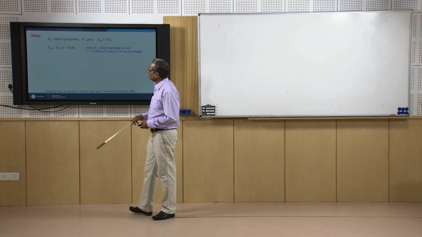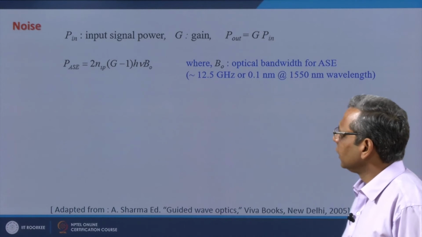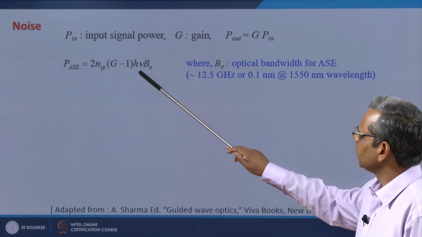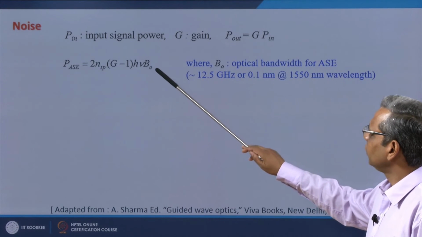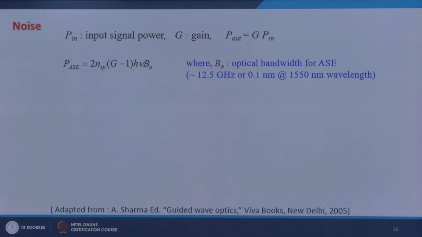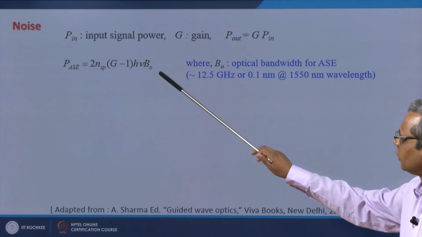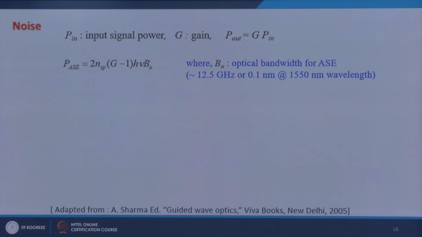So, the power in ASE is given by 2 times NSP times G minus 1 times h nu times B0, where B0 is the optical bandwidth for the ASE, which is typically 12.5 gigahertz or about 0.1 nanometer at 1550 nanometer wavelength.